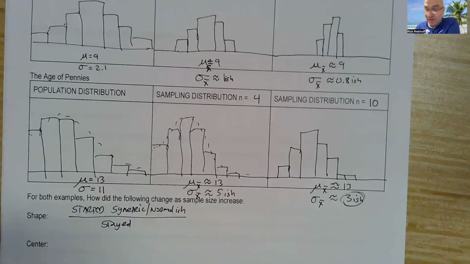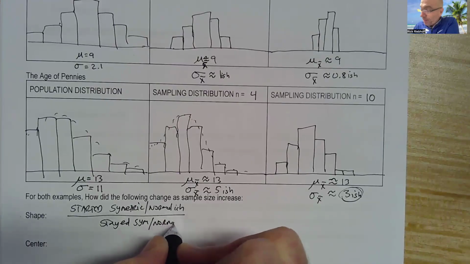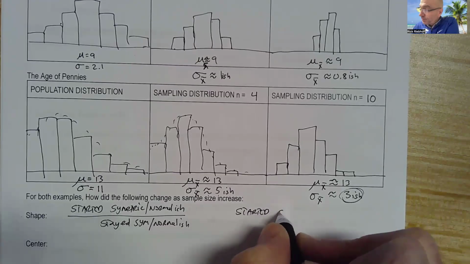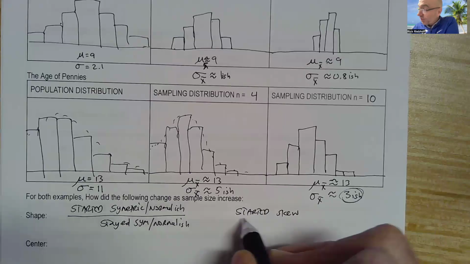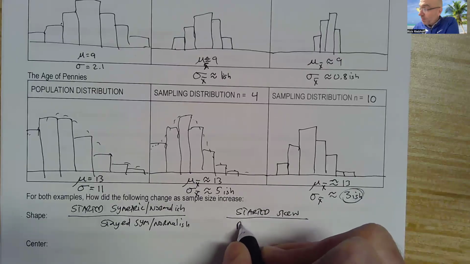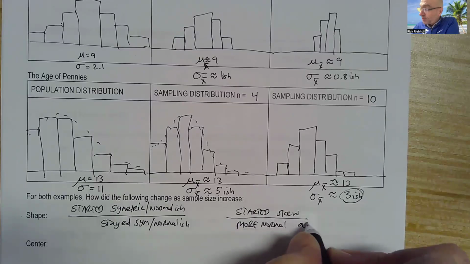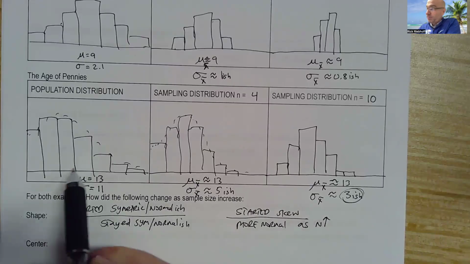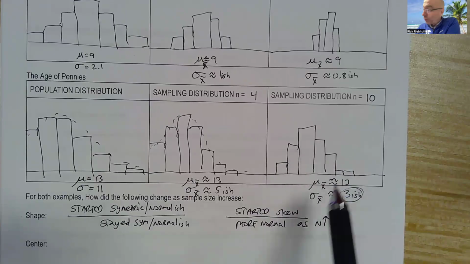If it started skewed, though, what happened? If it started with a significant skew, which this was, it became more normal as our sample size increased, right? So as we got bigger and bigger sample size, our sampling distribution looked more and more normal.